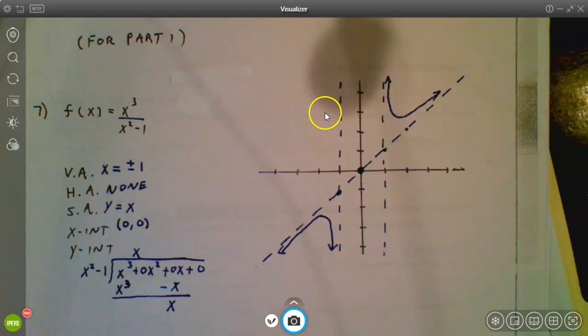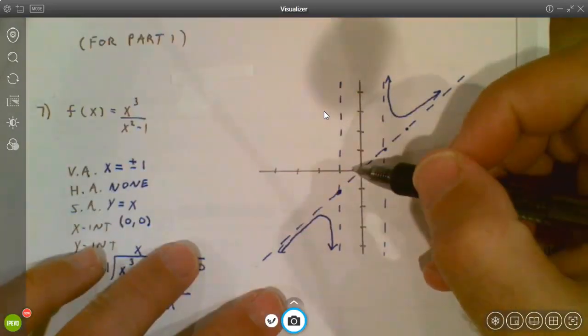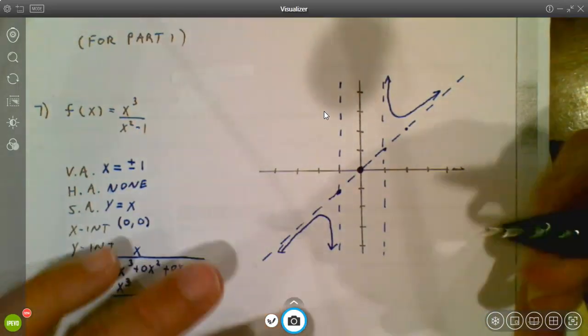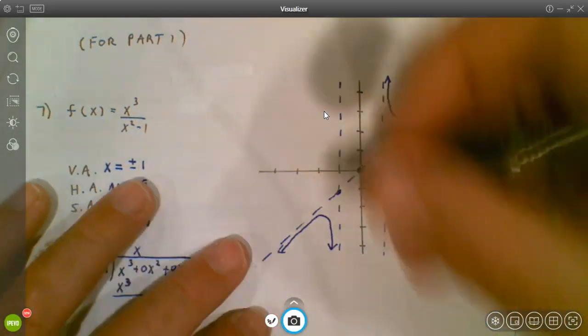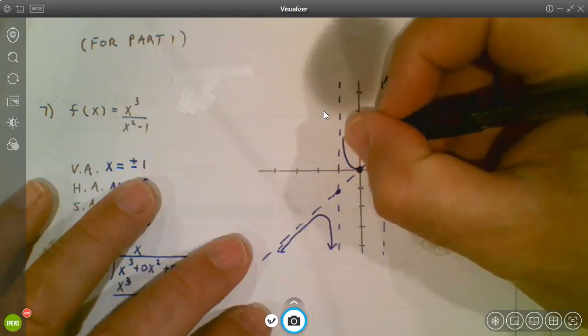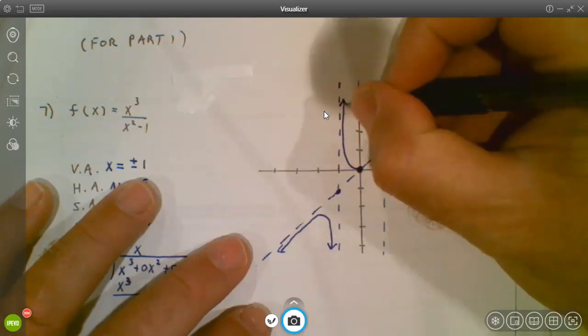And that's why they're so important to have. So if you were to test any number like -0.5, plug it in for x, you're going to get a positive number, which tells you over here my graph should be doing this.